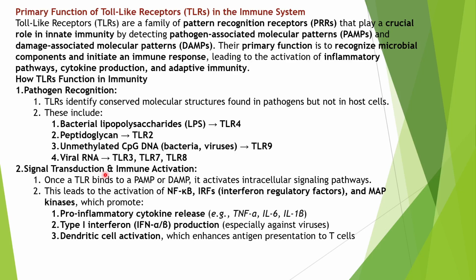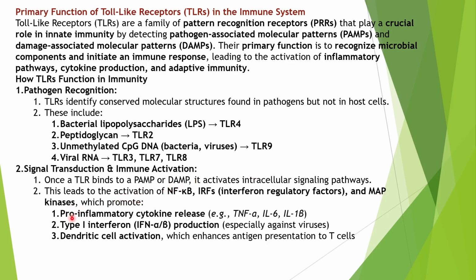Next is signal transduction and immune activation. So once the TLR binds to a PAMP or a DAMP, it activates intracellular signaling pathways, either your NF-kappa B, TNF-alpha release, or anything pro-inflammatory. So this leads to activation of NF-kappa B, IRFs, that is your interferon regulatory factors, and your MAP kinase pathways.